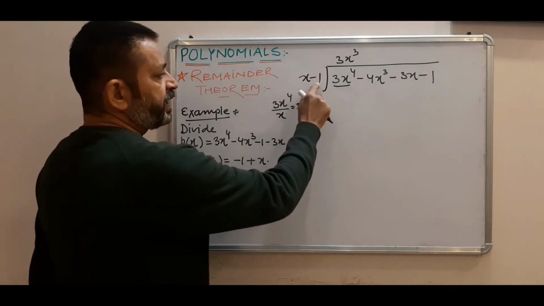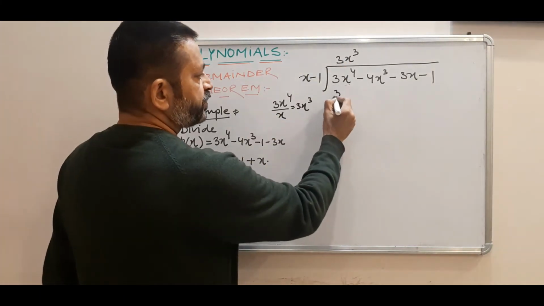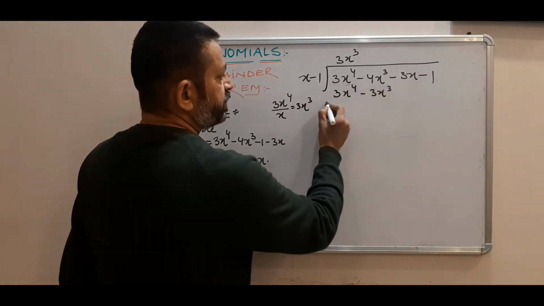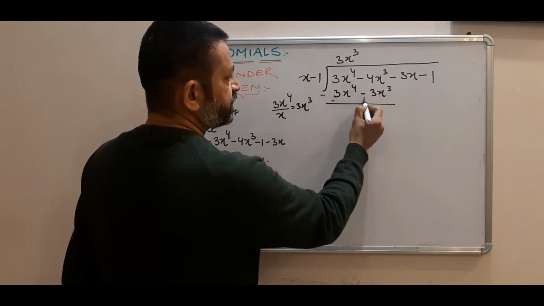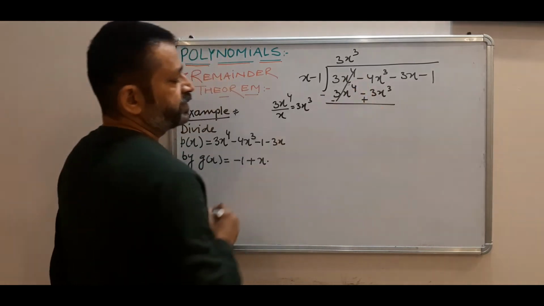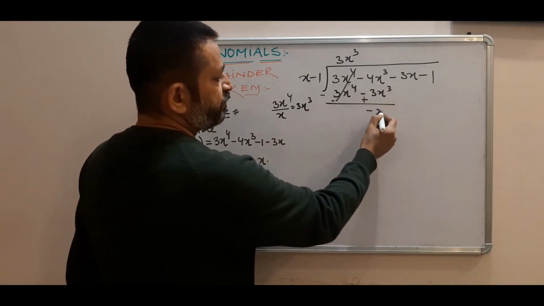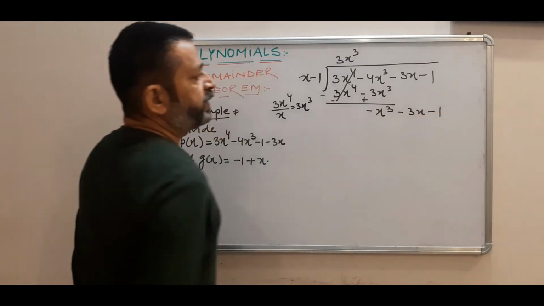So we'll multiply x minus 1 by 3x cube, which will give you 3x to the power 4 minus 3x cube. We'll subtract, the signs will be changed. This will become minus and this will become plus. So this is cancelled. Minus 4x cube plus 3x cube will give you minus x cube minus 3x minus 1.